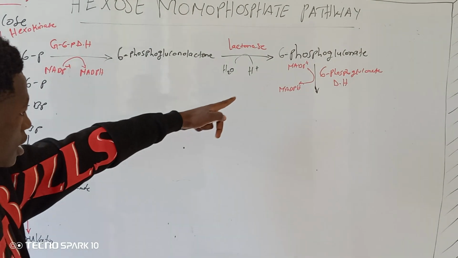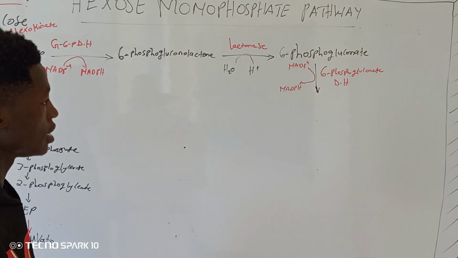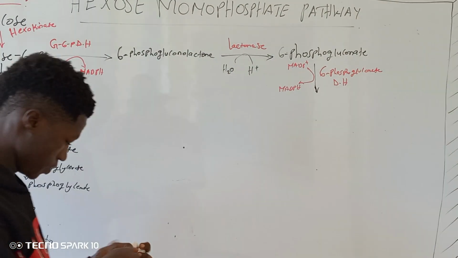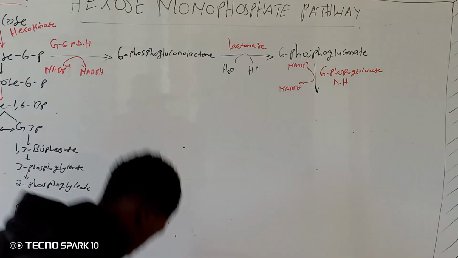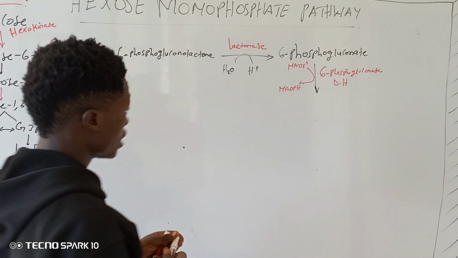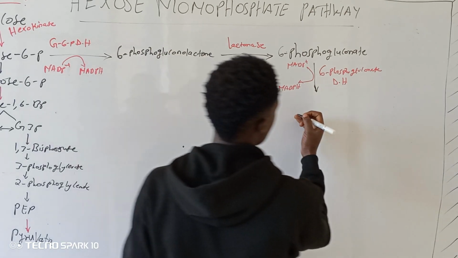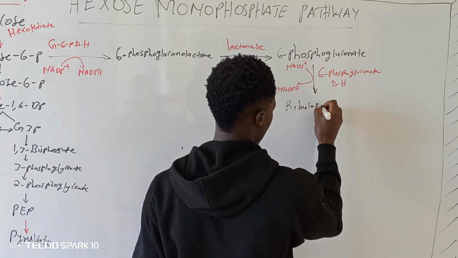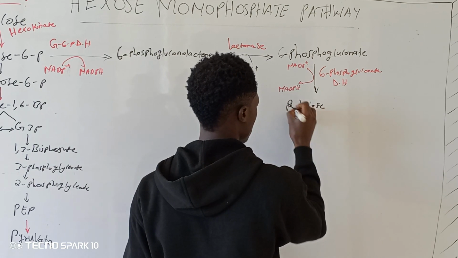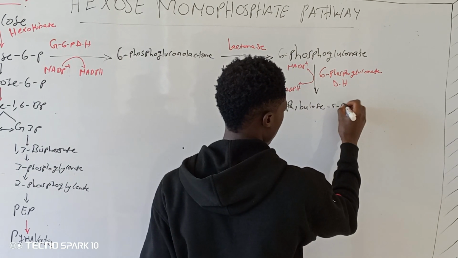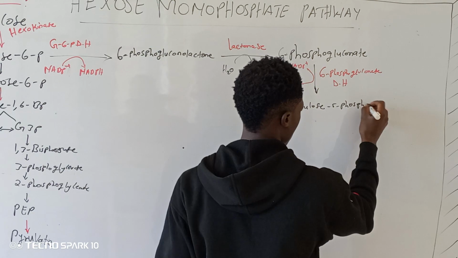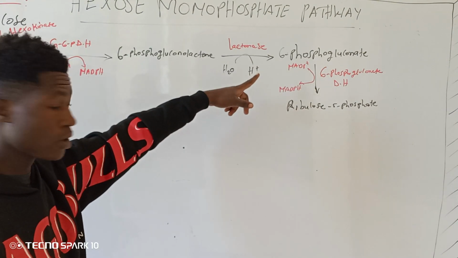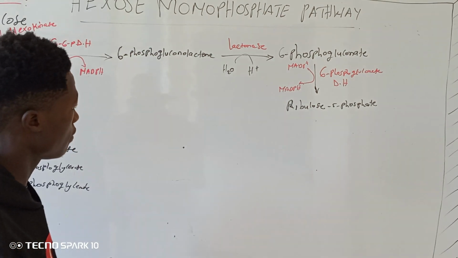Now, this enzyme called 6-phosphogluconate dehydrogenase is going to convert 6-phosphogluconate into ribulose 5-phosphate.